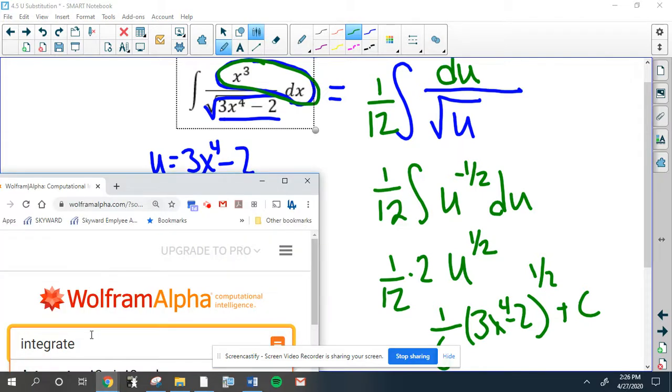So x cubed divided by the square root of the quantity 3x to the fourth minus 2, close my parentheses.